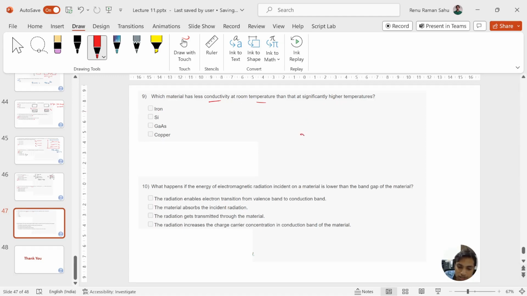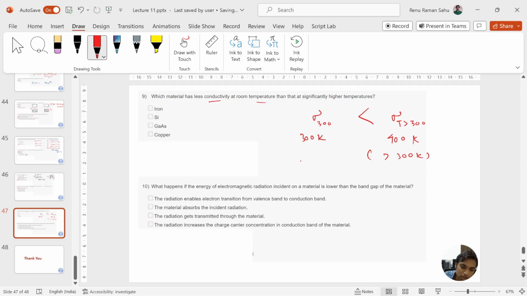Room temperature is 300 Kelvin. Higher temperature is, let's say, 400 Kelvin, anything greater than 300. So we want conductivity at T greater than 300 to be more than at T of 300.